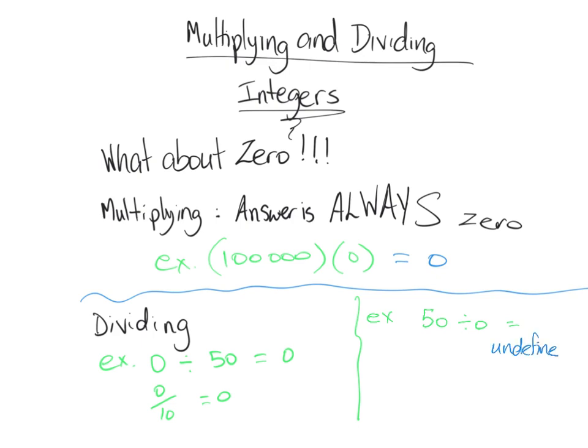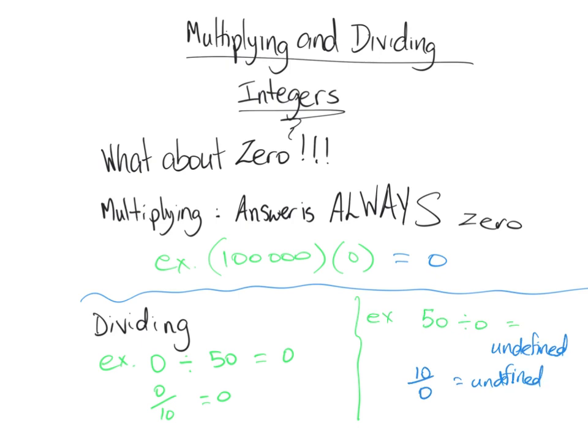There's no answer that I can tell you. It's not possible for me to take 50 and divide it into little parts that are 0. I think that makes sense. I hope that makes sense to you. So if I have 0 on the bottom, 10 divided by 0, not possible. Undefined.